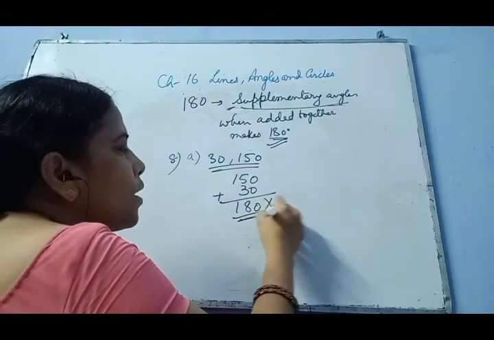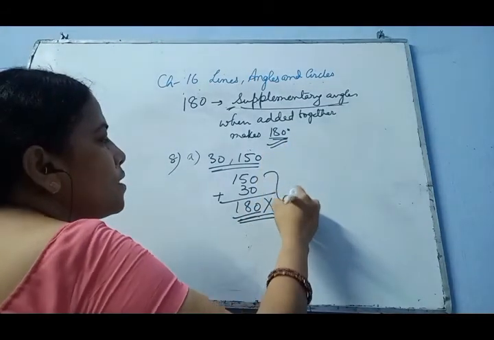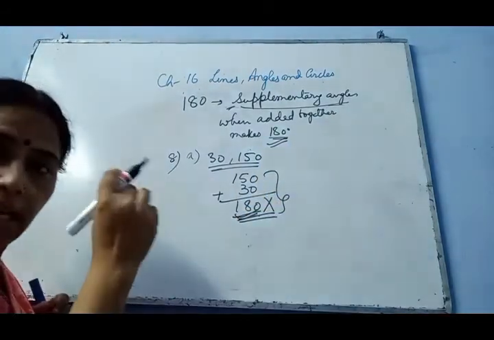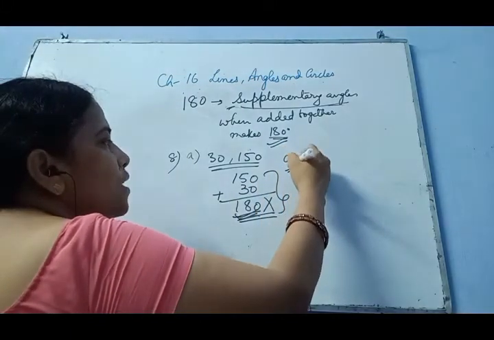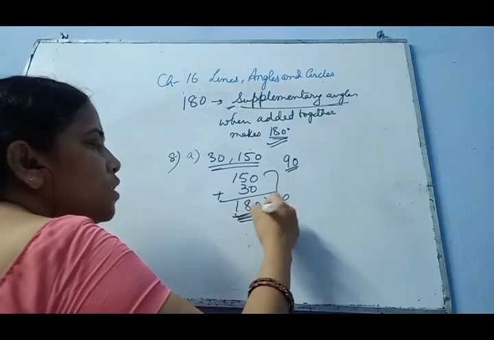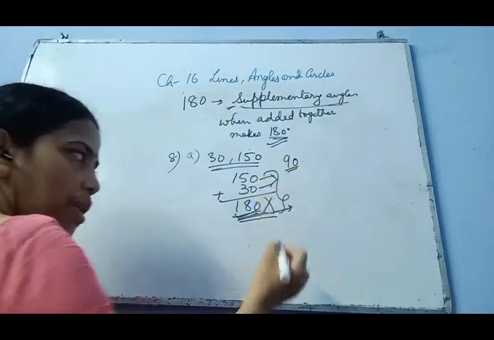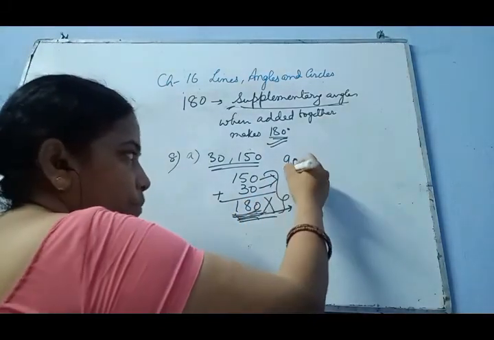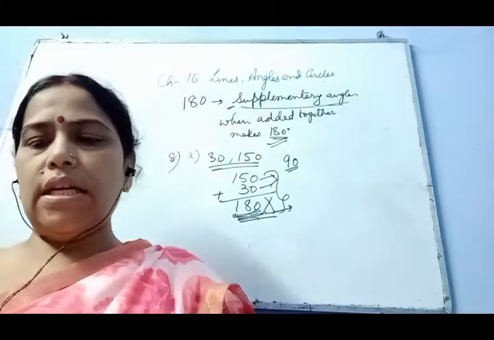This is not a complementary angle. Why? Because this is 180, and it should be 90 degrees. This is supplementary. These two are supplements to each other. So the first one, 8A, is not.